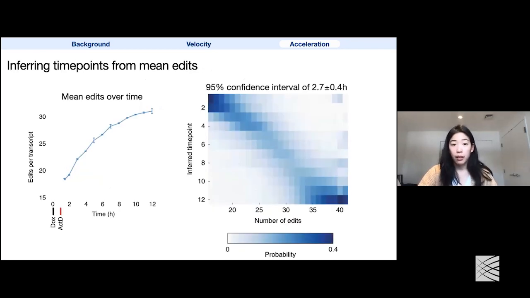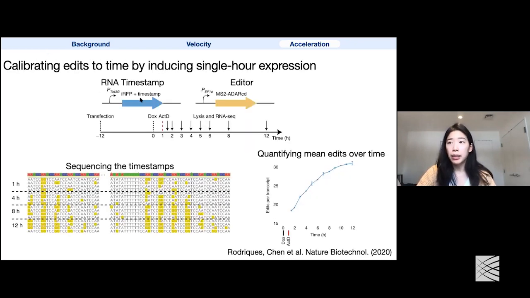The question in the chat box reads, do timestamps impact RNA half-life post-transcription? Okay, so the timestamp is distinct from what this promoter would normally be transcribing. So if you were trying to measure the age of, let's say, your favorite gene, you would get the promoter for that gene and put it upstream of the timestamp on a separate construct.